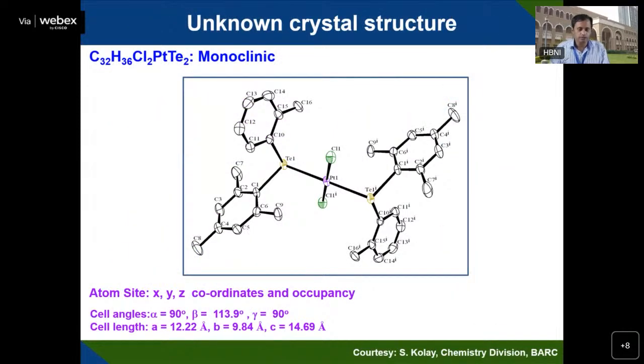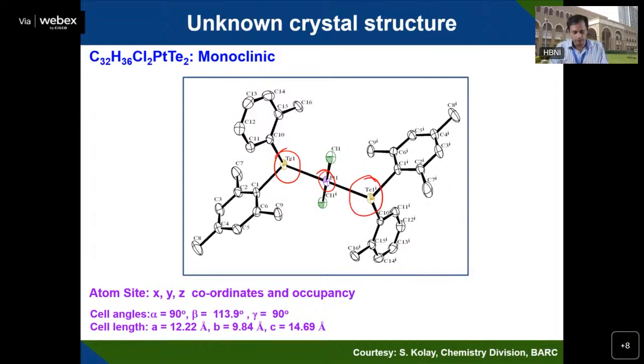Similarly, you can identify any unknown structure, like I have shown you a monoclinic C32H36 compound. It's a cis platinum telluride complex with chlorine. You can see that this whole structure has been solved by using single crystal X-ray. So you can calculate the bond angle and cell length. You can see the heavier element platinum is centered here, and these two tellurium atoms: this is one tellurium atom, and this is one tellurium atom, and then you have another chlorine atom here.